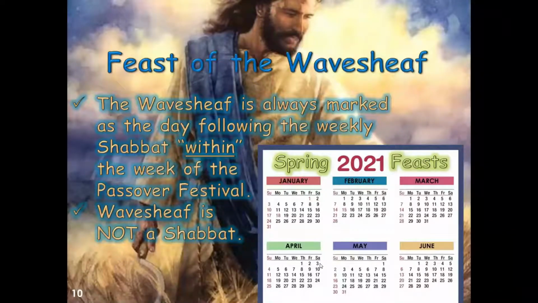Read it out loud. Wave sheaf is always marked as the day following the weekly Shabbat within the week of the Passover festival. Oh, the whole Passover. So then it's the same day. It's like the 3rd would become the 3rd also as the wave sheaf.